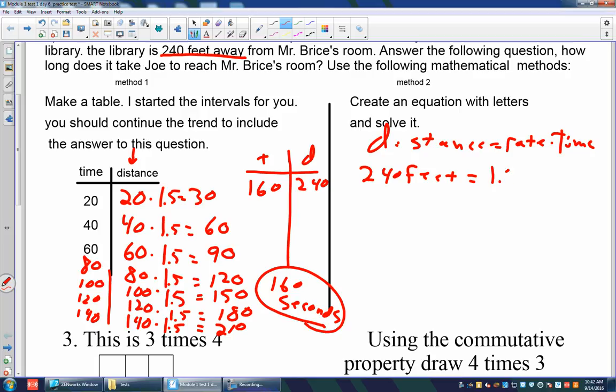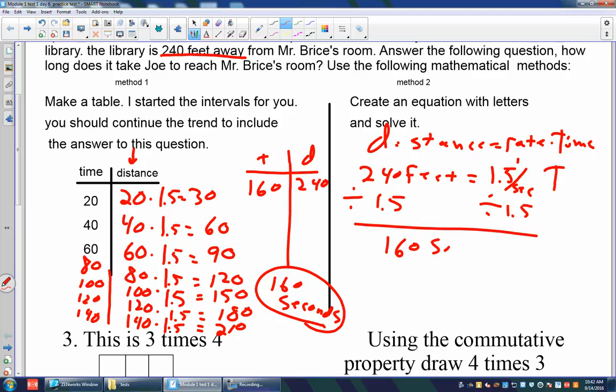The rate is 1.5 feet per second. And the time is, well, that's what it's asking. How long does it take? When we divide by 1.5, we get 160 seconds equals the time.